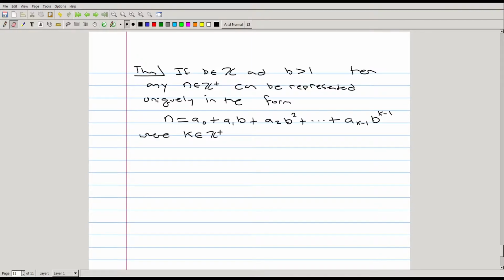where k is a positive integer and a naught through a_{k-1} are all non-negative integers less than b.